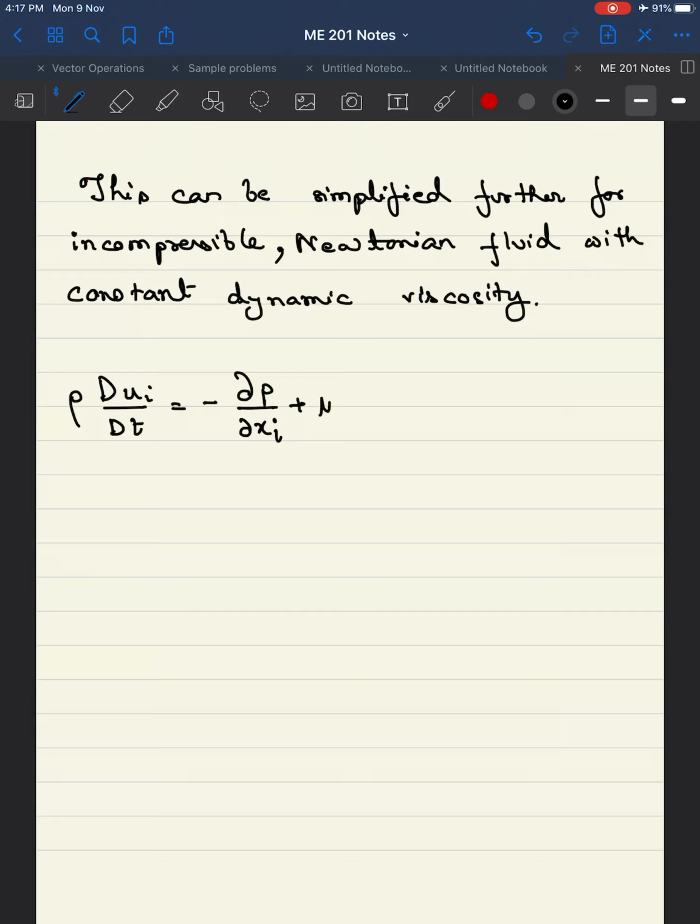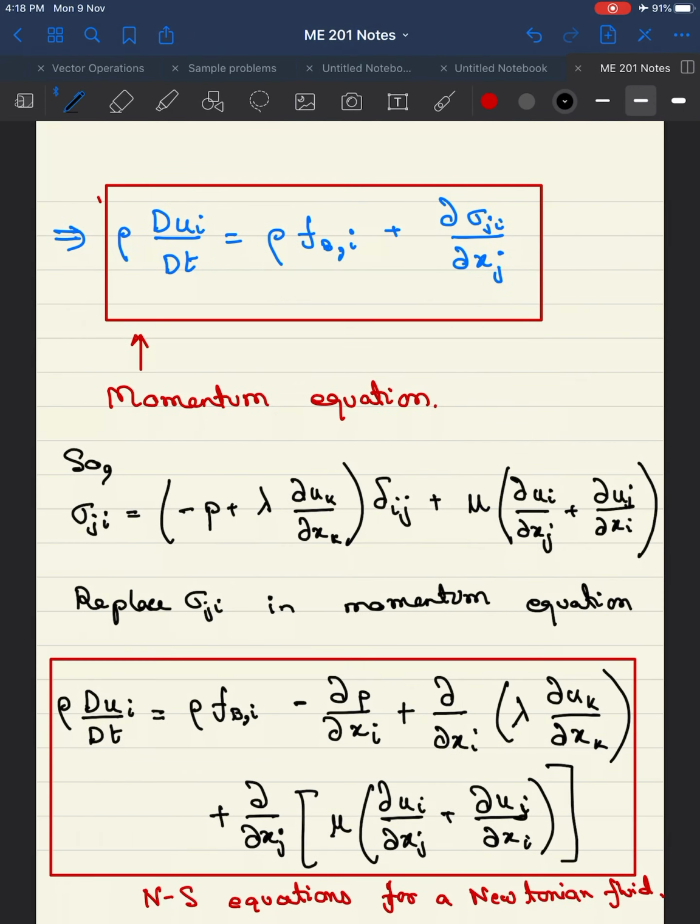Then you can take this mu out if the dynamic viscosity is constant, and you can expand this to say this is going to be del square ui del xj plus del xi of del uj del xj. I have just opened this and swapped del xj and del xi.